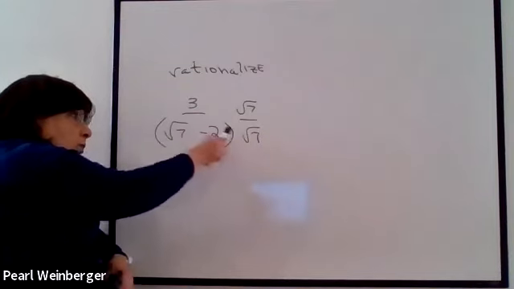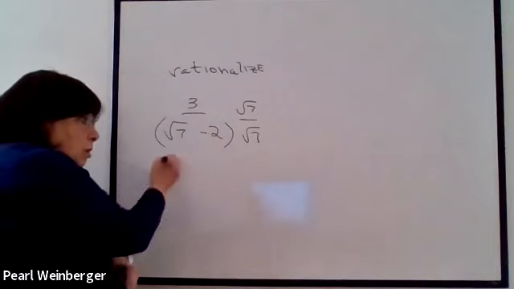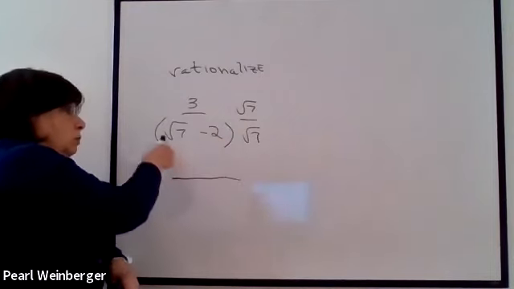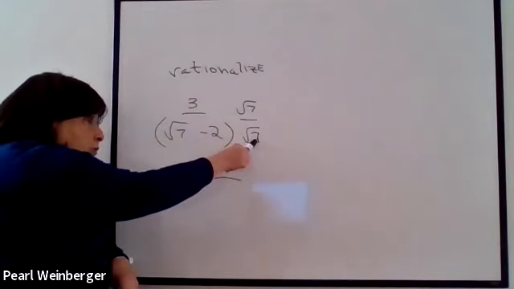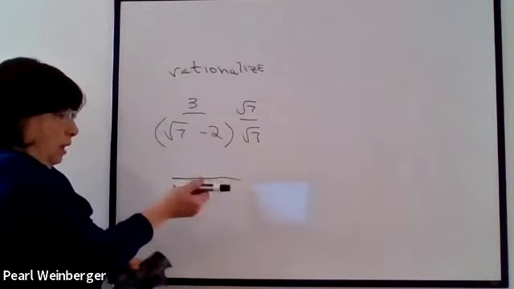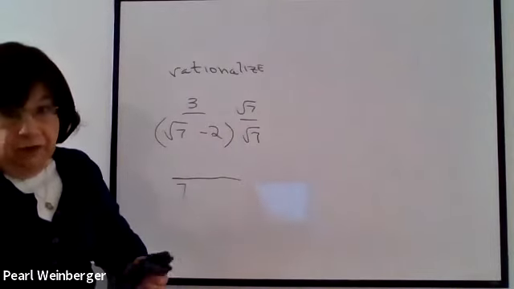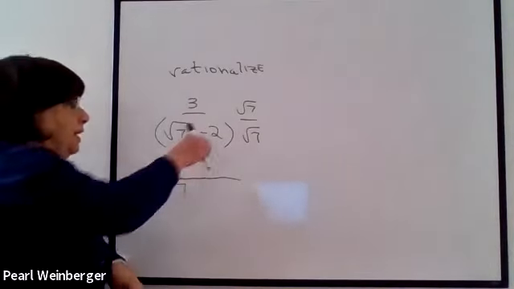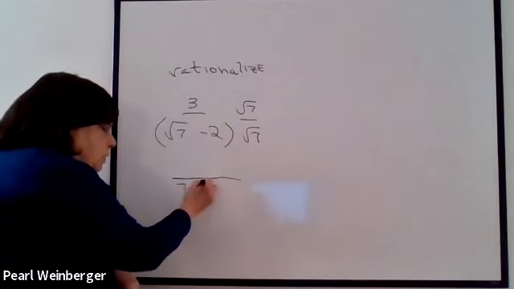And I know when I multiply a binomial by a monomial, I have to use a distributive property. So I have to multiply the radical 7 times the radical 7 and get just plain 7, because when you multiply a radical by itself, that's what happens. But I'd also have to multiply the negative 2 by the radical 7.